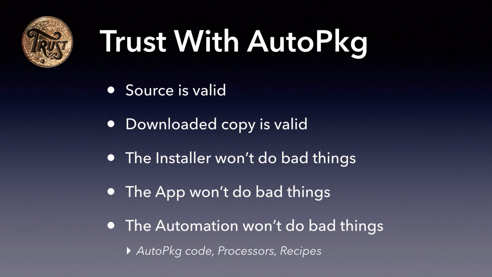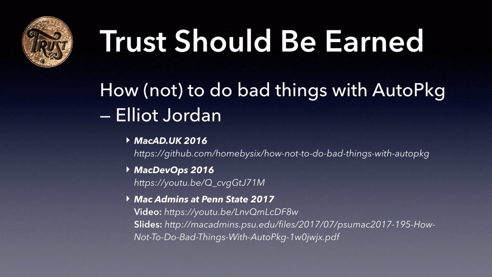And so Elliot Jordan, who was involved in both AutoPkg and is actively involved in the maintenance of Recipe Robot, because that is a tool that is currently maintained, did these 3 talks. I know I got a chance to watch a video stream of the Mac DevOps 2016 talk, where he raised 15 different ways you could do bad things with AutoPkg.